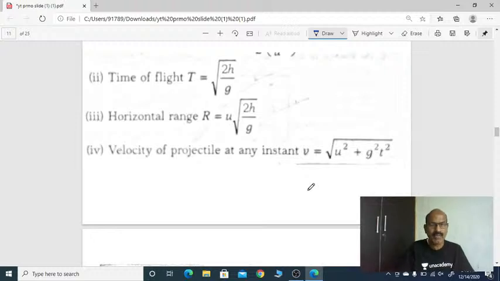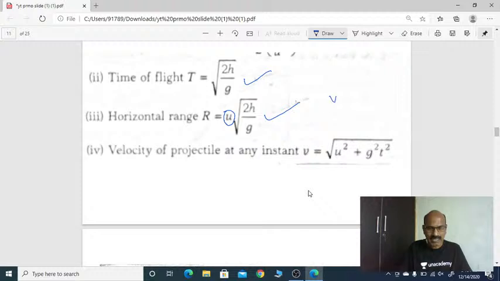Before going to that, the time of flight for horizontal projectile motion is t equals root 2h by g. Keep in mind. The horizontal range is velocity into time.